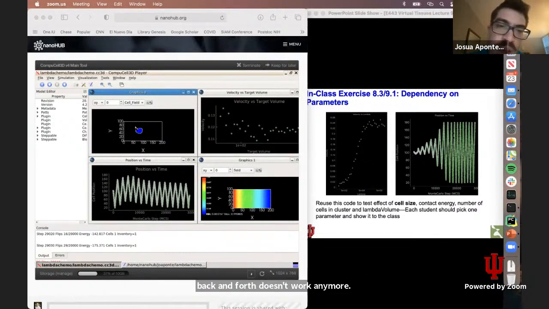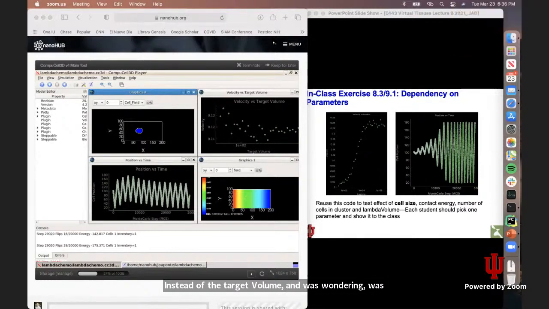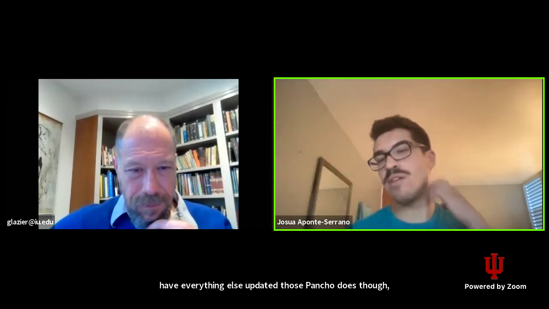I was wondering if someone was willing to try increasing the lambda volume instead of the target volume. I can write it in really quickly. I don't know if I have everything else updated that Fanbo does, though. It's not terribly complicated, so we can walk you through it if you want.